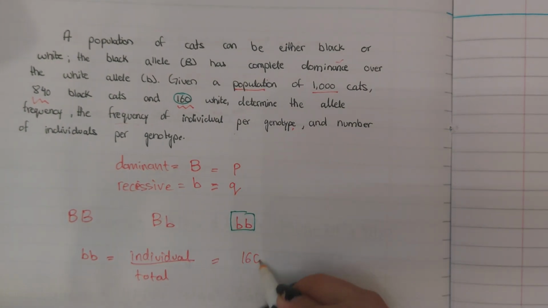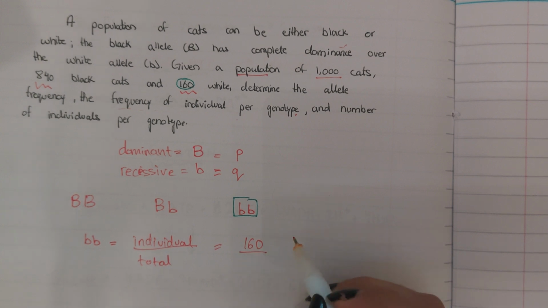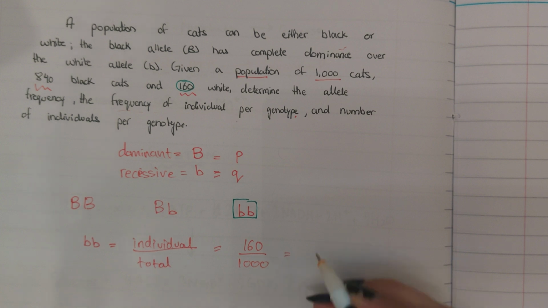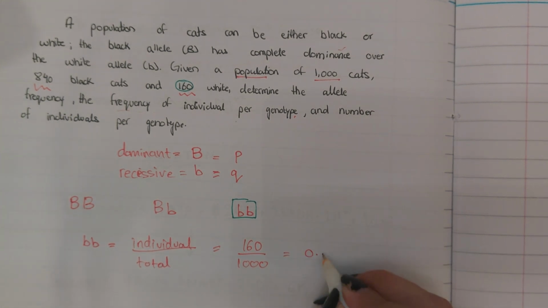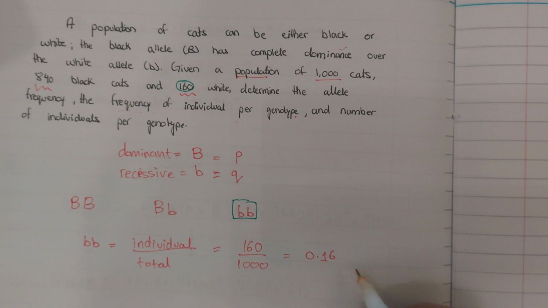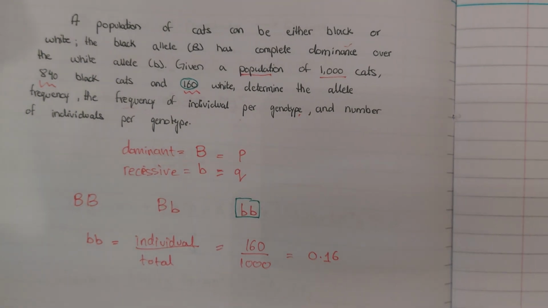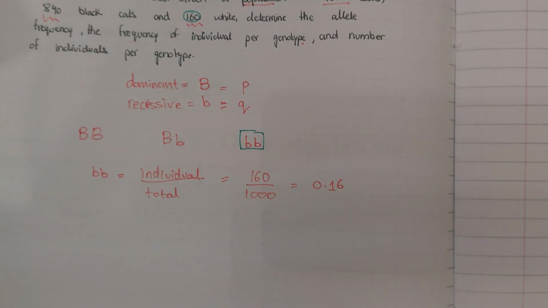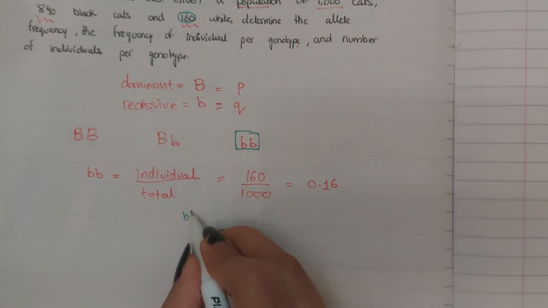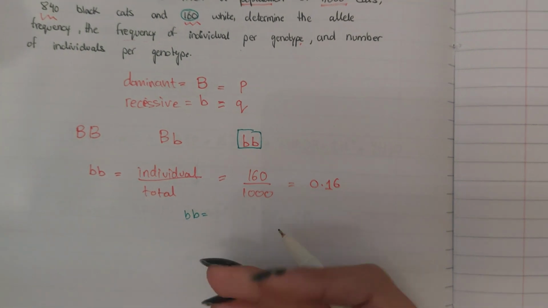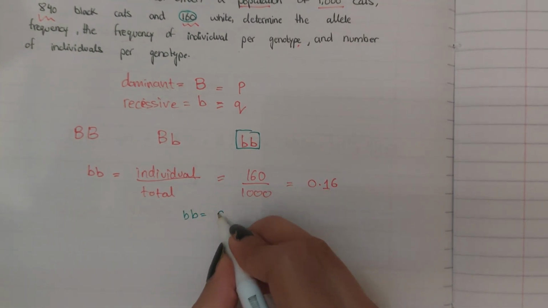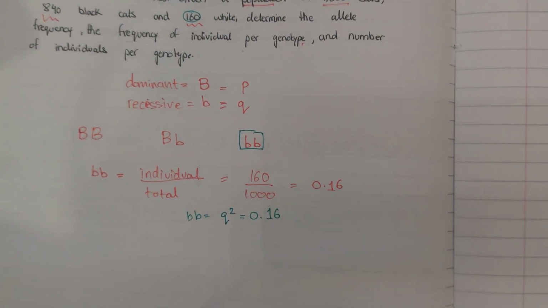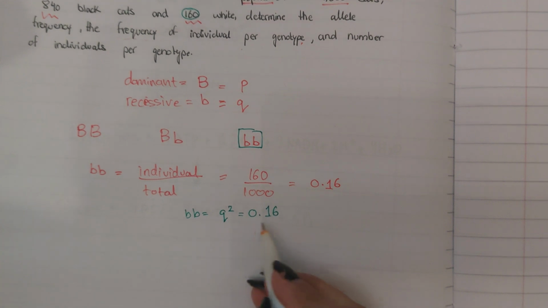So we will write 160 divided by the total number of cats, which is 1000, and our answer will be 0.16. As we learned from the Hardy-Weinberg equation, the genotype of homozygous recessive individuals is represented by q square. So we know that q square is 0.16.